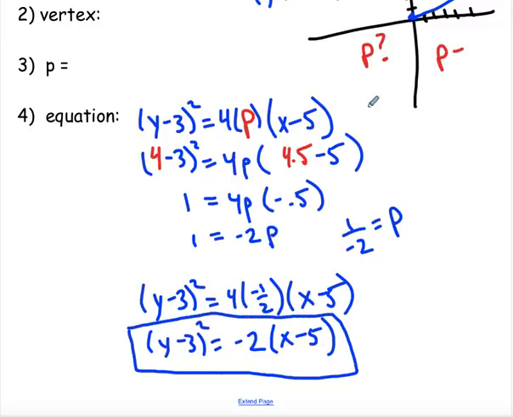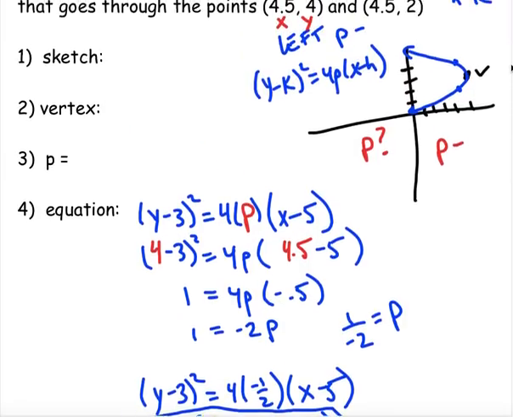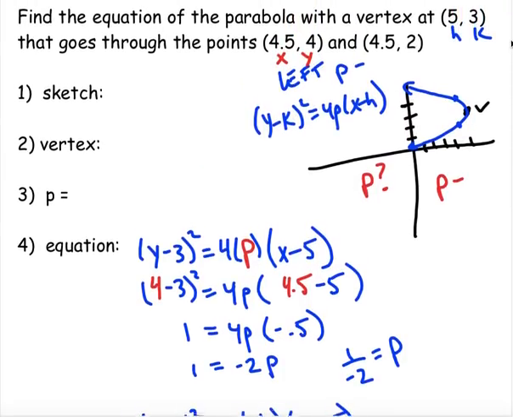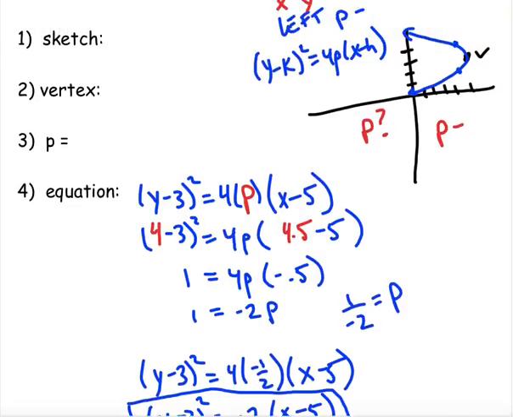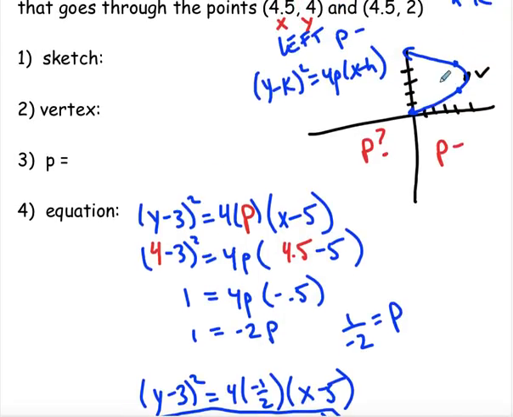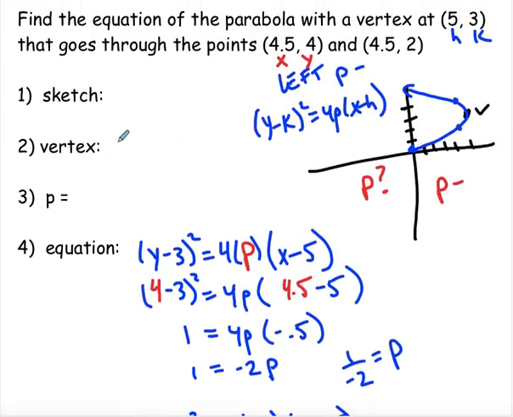So we had to plug in a point in order to solve for p, because I couldn't just count over. I didn't know the focus and I didn't know the directrix. So again, if I fill in this information, the vertex was at (5, 3), and the p that we found was -1/2.